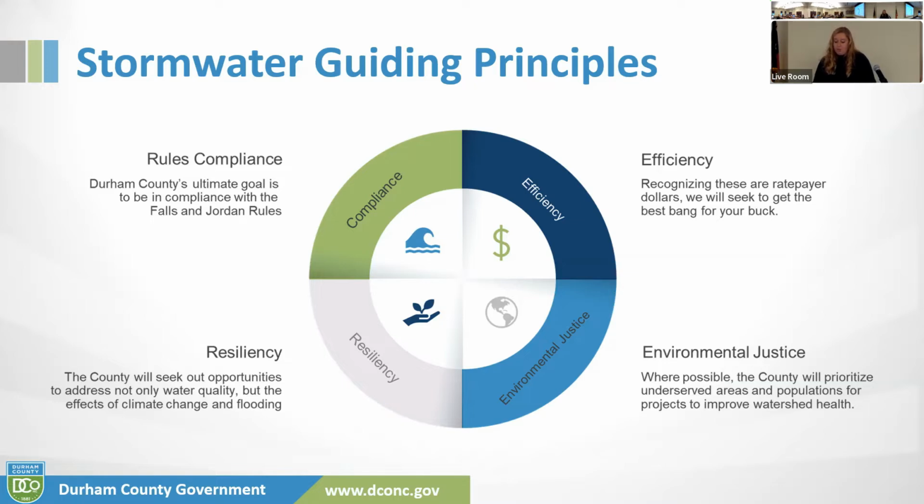Resiliency: we want to make sure that we're thinking long term, not just reacting to problems. We are trying to do our part to address climate change and not just focus on short-term compliance. And then lastly, last but not least, environmental justice. We try to prioritize underserved and overburdened populations to help improve their quality of life and their watershed.